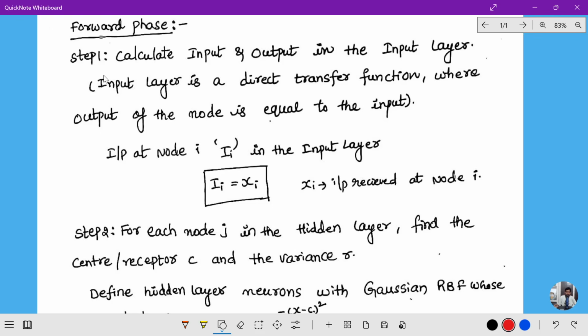Now you see in step 1, calculate the input and output in the input layer. The input layer is a direct transformation function where the output of the node is equal to the input. So the input at node i, I_i = x_i, where x_i is the input received at node i. First we calculate the input and output.